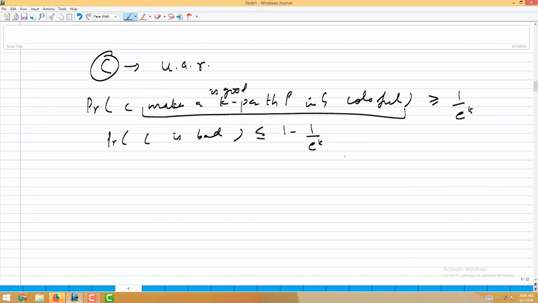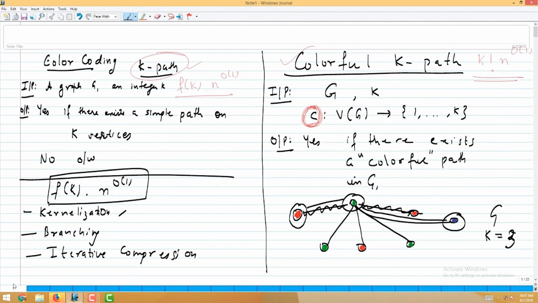Of course, I can't keep on doing this forever because my algorithm has to have a certain running time. So let me say I repeat this experiment e power k times. I had to solve the k-path problem. I construct a coloring C uniformly at random, and then solve the colorful k-path instance by giving this coloring as the input.